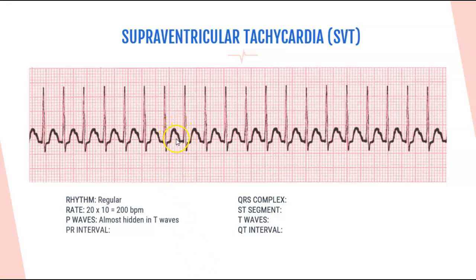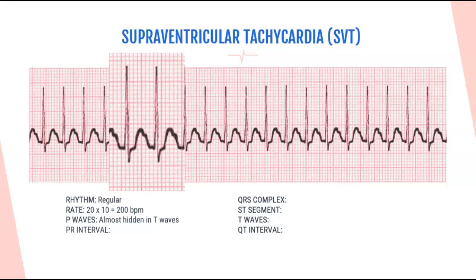So our P waves and our T waves are kind of intermingling right here. Our PR interval is about 2 squares. Multiply this by 0.04 gives you 0.08 seconds, which is a shorter PR interval than normal.